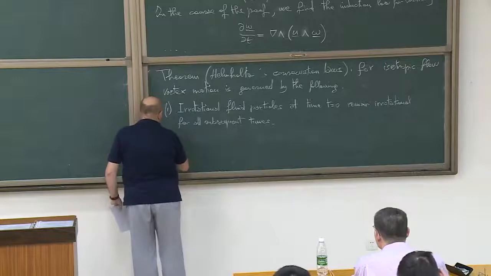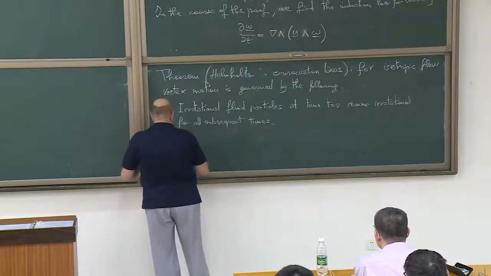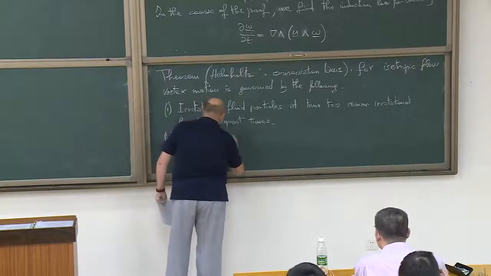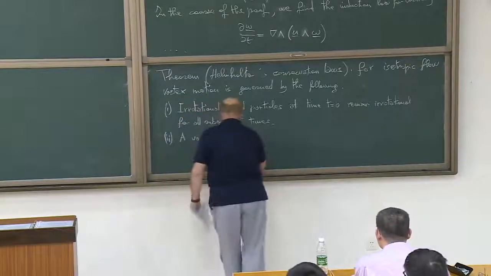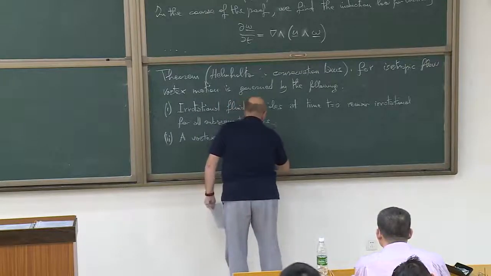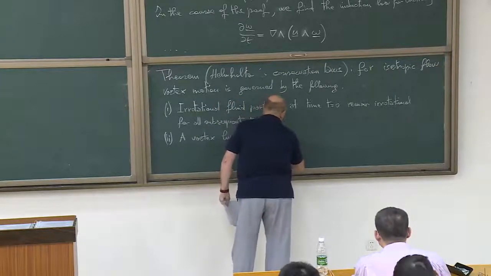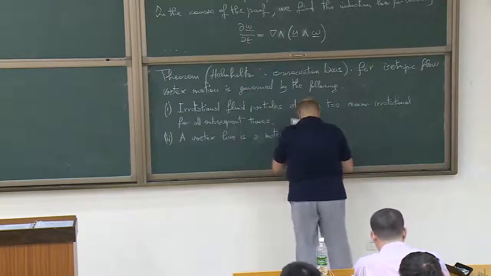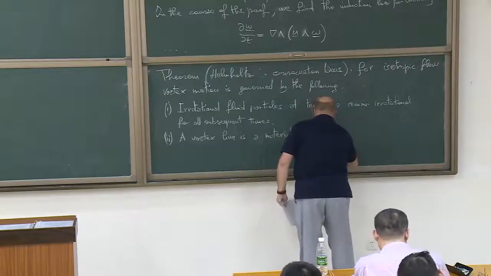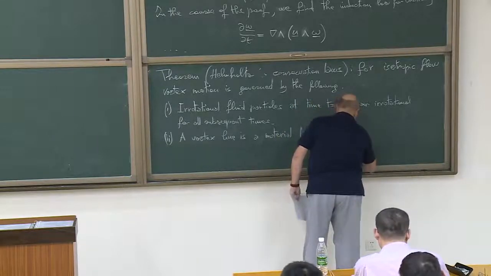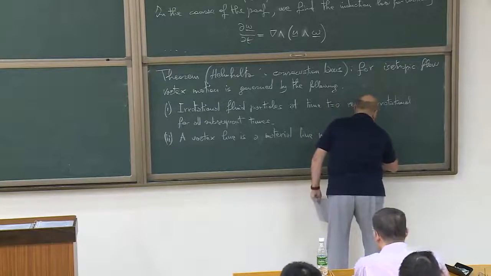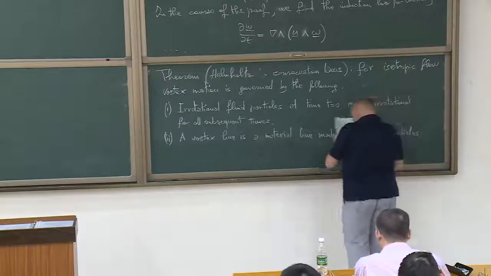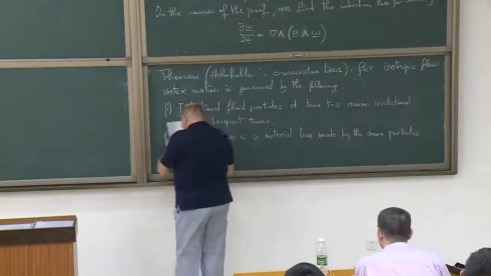The second law states that a vortex line is a material line made by the same particles at all times.